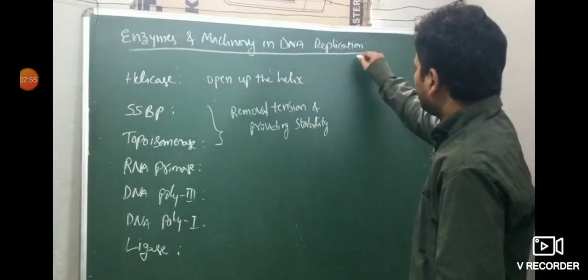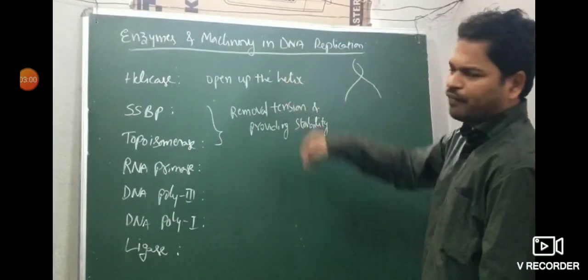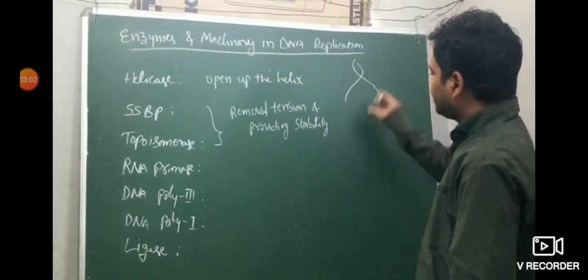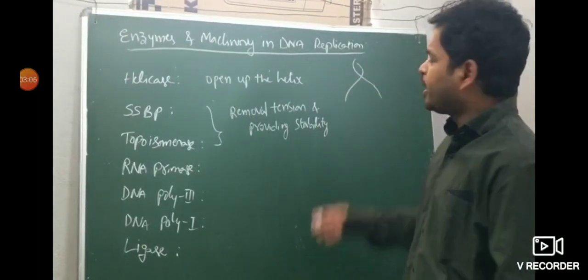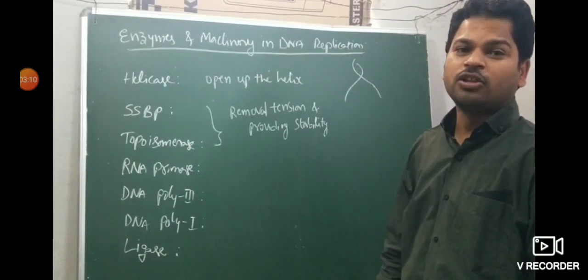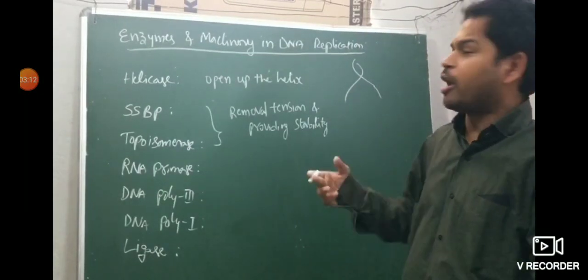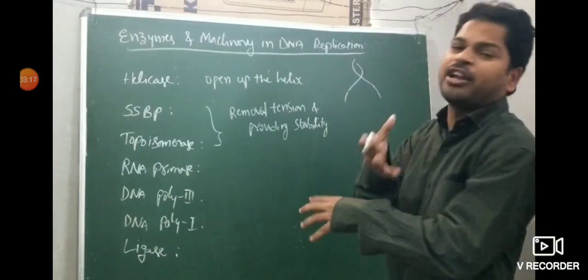For example, when the double helix DNA is opened with the help of helicase enzyme, the strands may get tension. Immediately they are going to supercoil, or they are going to rewind again.